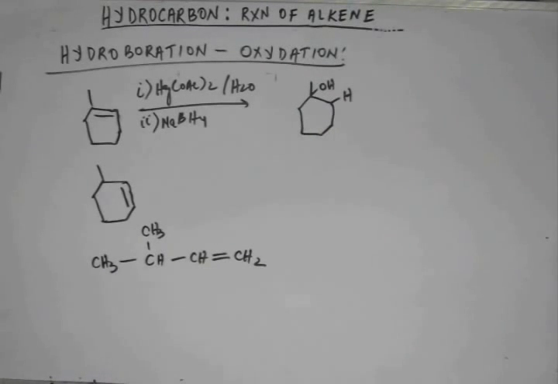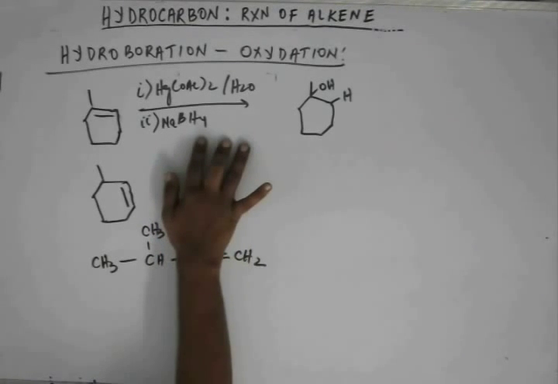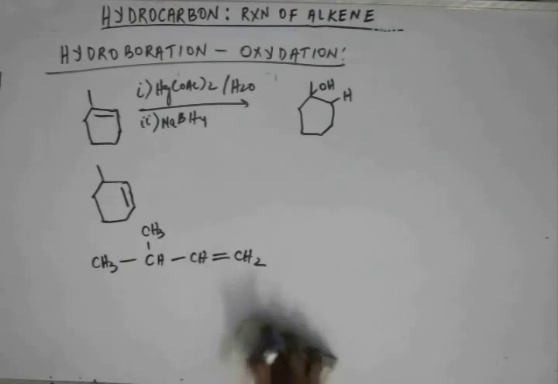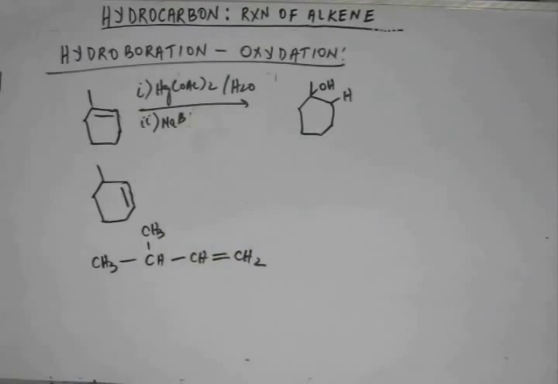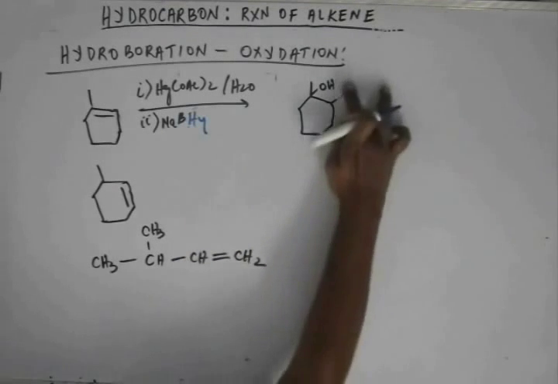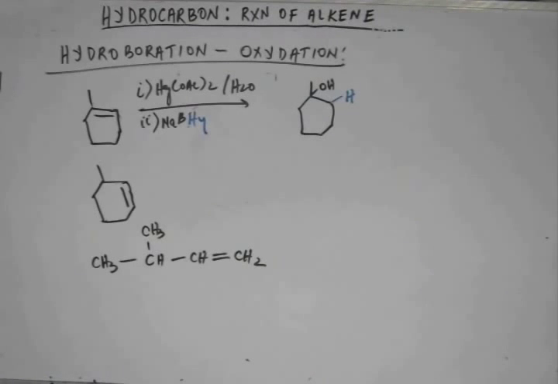Now this hydrogen, remember, is not coming from water or from other species. This is coming from NaBH4 in the form of hydride, which is clear when we have seen the mechanism. Now suppose, in order to understand it properly, this hydrogen is coming from sodium borohydride.